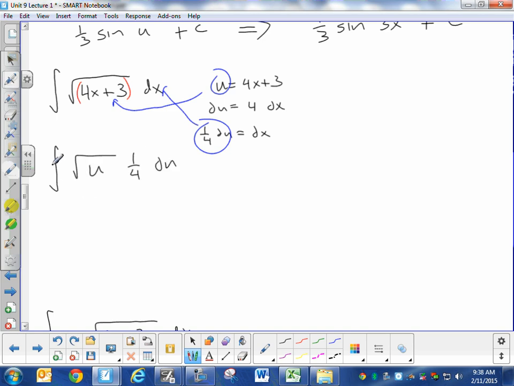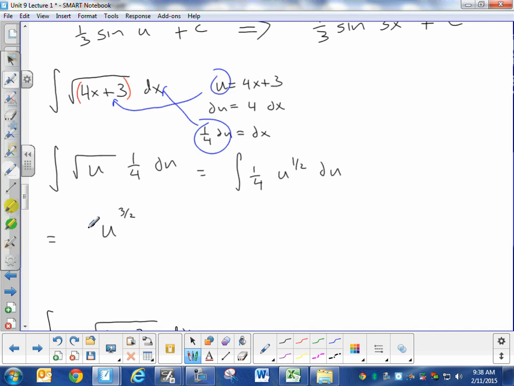Now, this is a simpler expression that I can take the antiderivative of. It's the same as taking the antiderivative of 1/4 u to the 1/2 du. I take that antiderivative, I add 1 to this power, making it u to the 3/2.